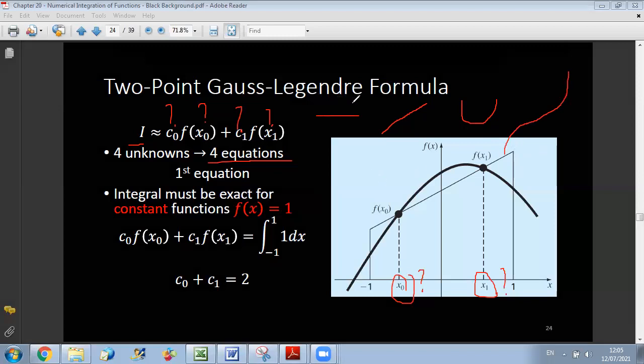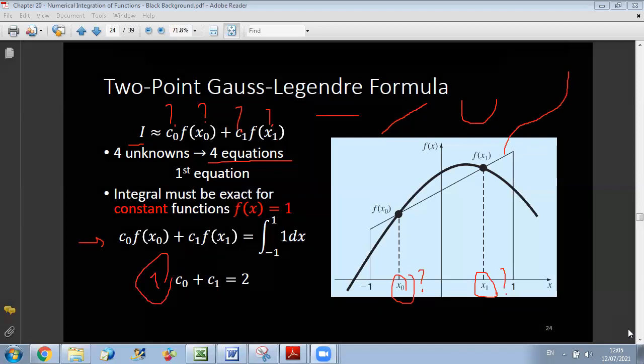So this will be our 4 equations with 4 unknowns, which will allow us to find what should be c0, x0, c1, and x1 to satisfy these 4 conditions. We developed last time what these equations are. We started by setting that c0 f(x0) plus c1 f(x1) should be equal to the integral from -1 to 1 of 1 dx. We got the first equation.